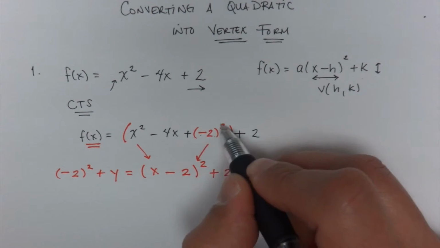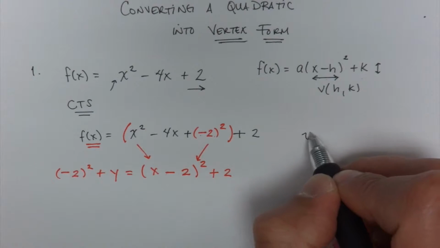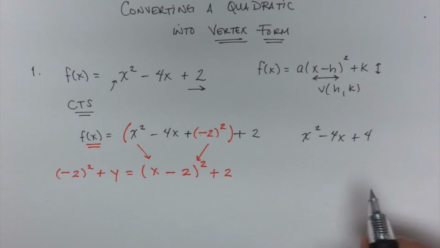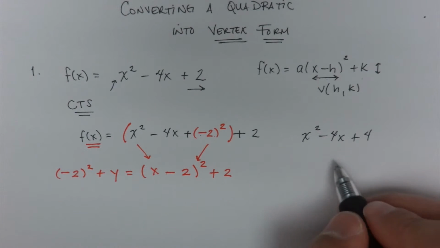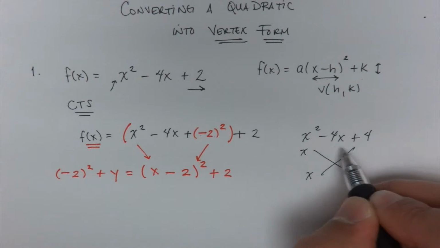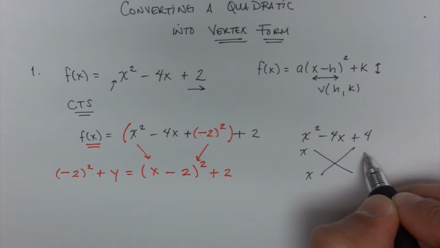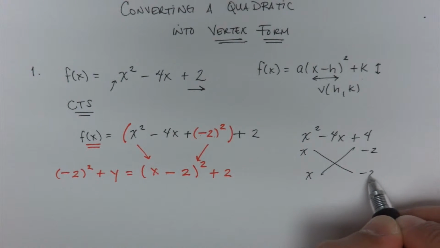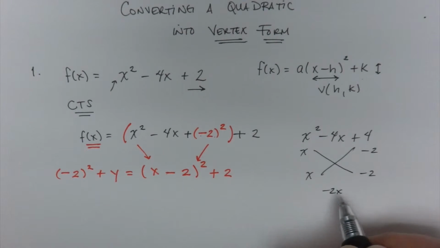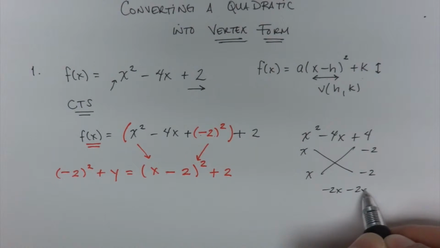When you simplify this, you're going to get x squared minus 4x plus 4. And this is what becomes factored. If you know how to factor, x and x, factors of 4 that add up to negative 4, well, negative 2 and negative 2. You cross multiply: x times negative 2 is negative 2x, x times negative 2 is negative 2x.